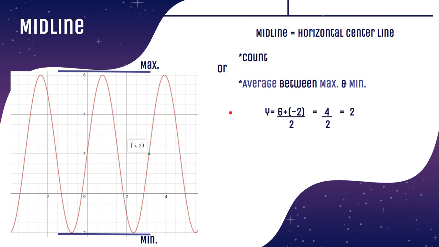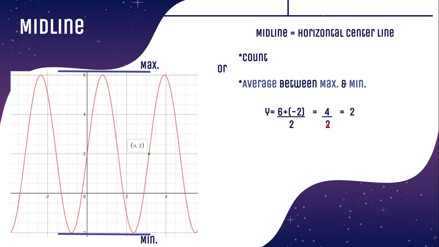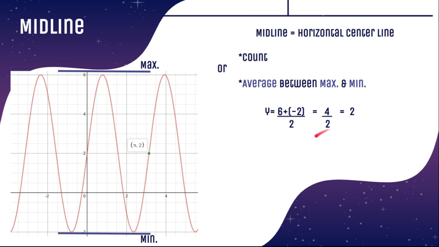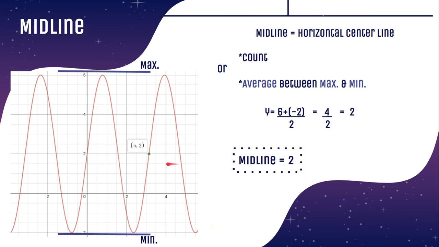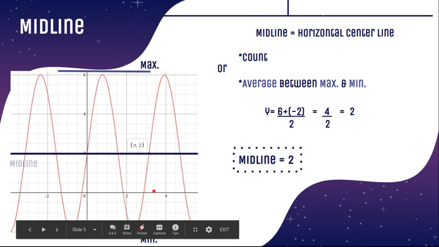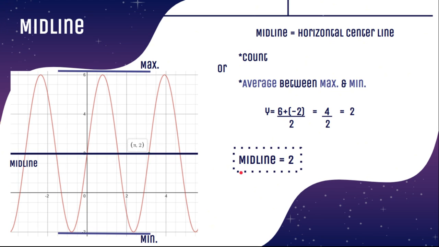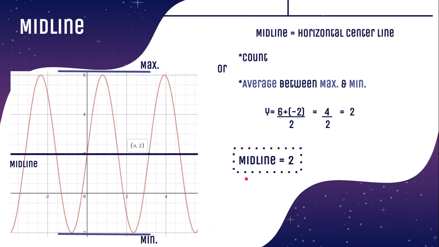For this, we'll find the average by setting up the equation as 6 plus negative 2 over 2, and then from that we get 4 over 2, and simplifying that, we get 2. This means that the midline is equal to 2. You can see on the graph where the horizontal line is right here, that y equals 2 is the midline, and our answer is 2.